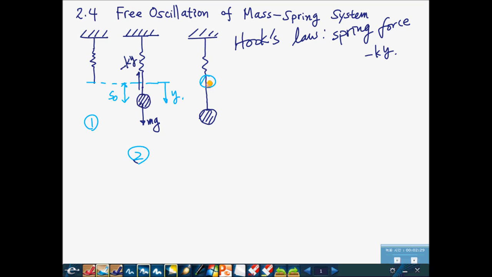It's even moving up and down. So, up and down here, right? This mass is up and down around the equilibrium position. This is the equilibrium position.